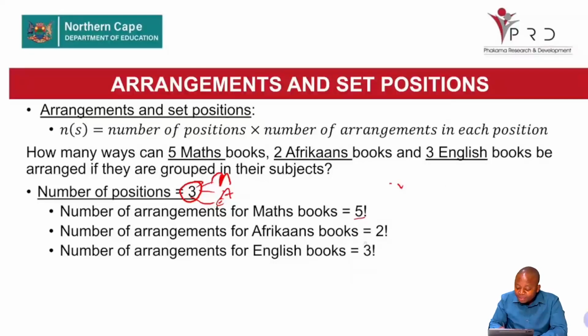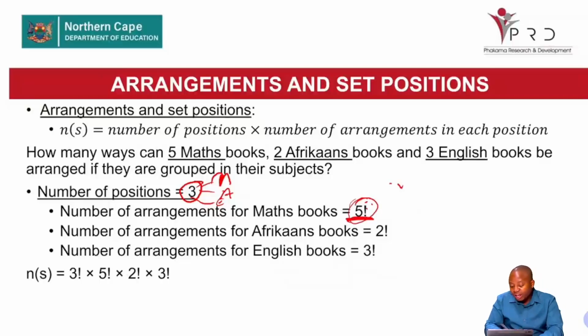Then we have arrangements for Afrikaans and for the English groups. For maths, these books can be arranged in any way. We have Platinum, Solutions for All, Shuters, all those math books, answer series and everything. So they can be arranged in any way.